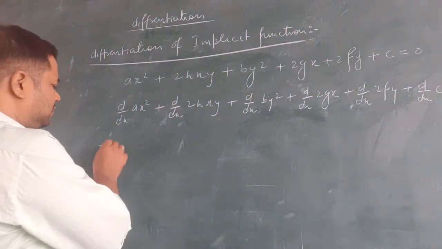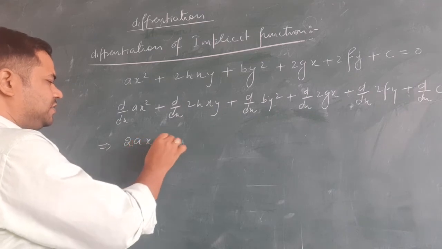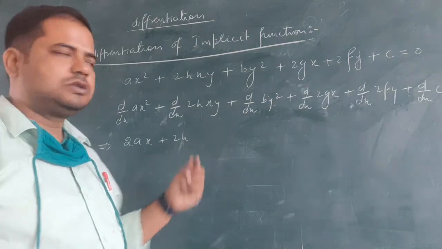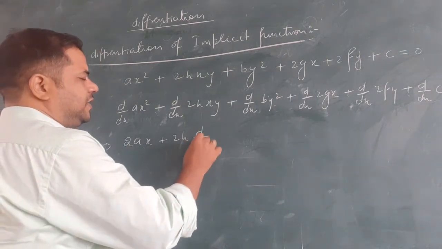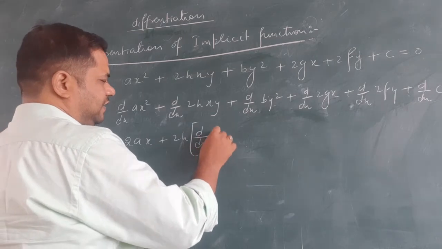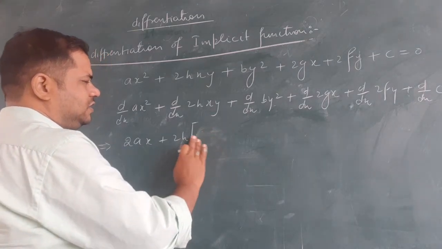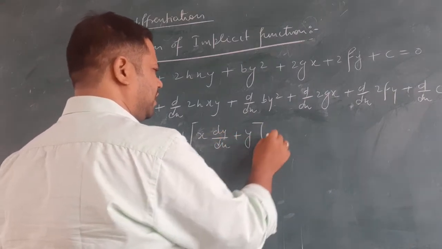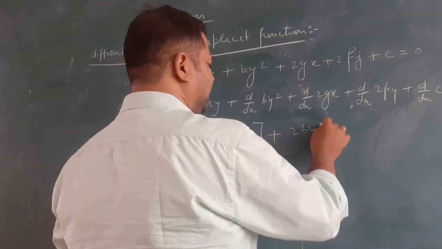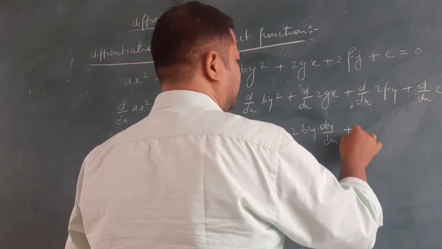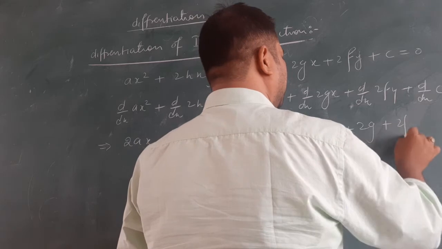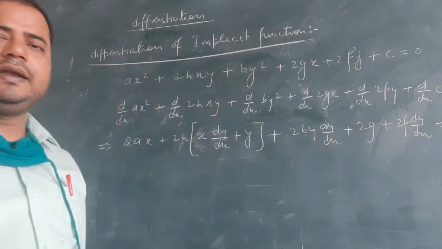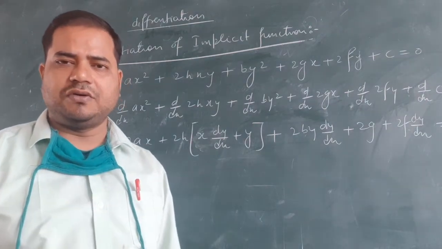Now this is 2ax plus 2h, and here two functions are there, x and y, so we use the product rule for d by dx of xy. That means first function x dy by dx plus second function y, plus 2by dy by dx plus 2g plus 2f dy by dx is equal to 0. Here d by dx of constant is 0.